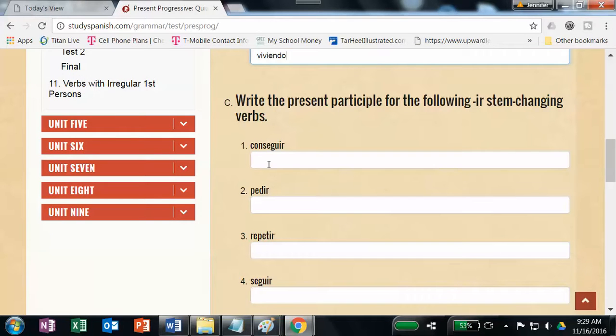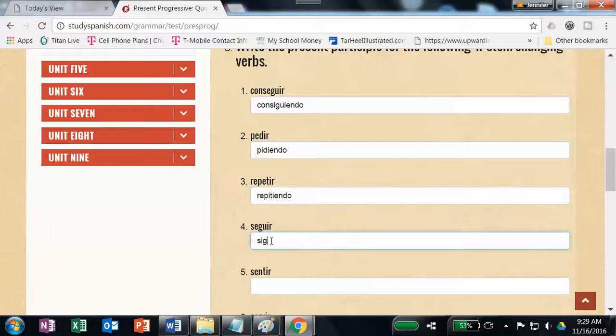Okay, so these guys are all irregular. So I'll go ahead and give them to you. Consiguiendo. This one is pidiendo. This one's repitiendo. And this one's siguiendo. This one is sintiendo.